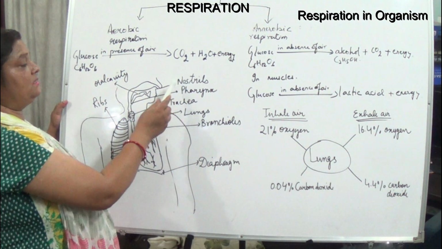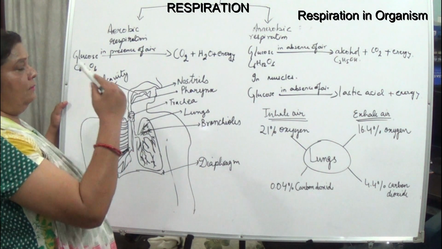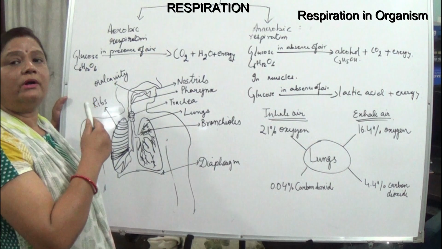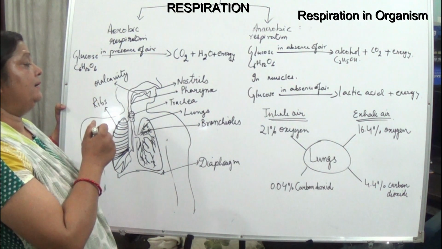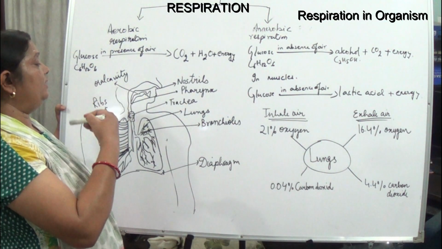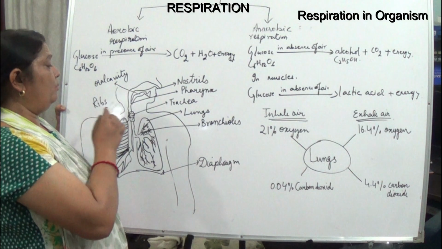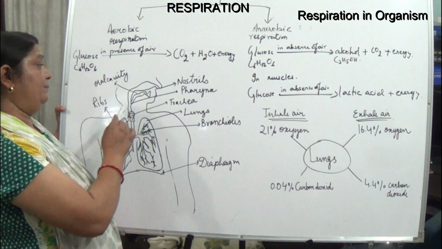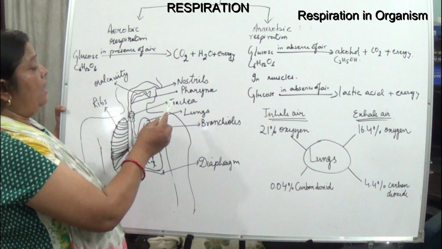The nostrils are present over here, and following the nostrils is the nasal passage, which consists of hairs. Then moving down, there is a common passage for the food pipe and the windpipe, and that is known as the pharynx.